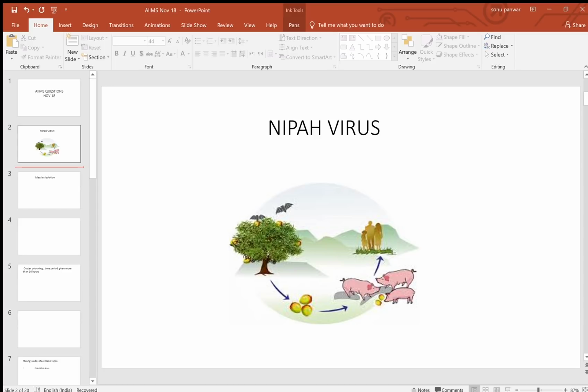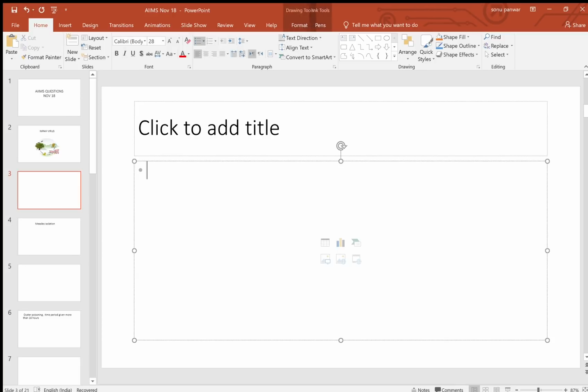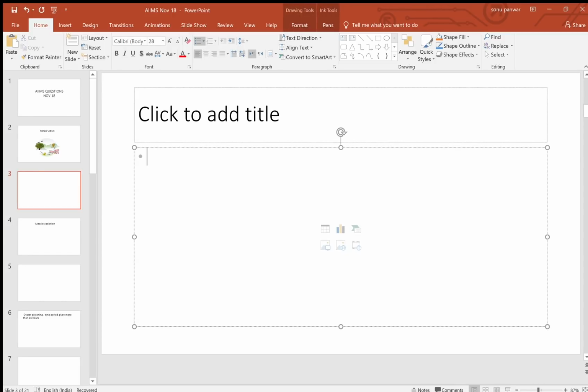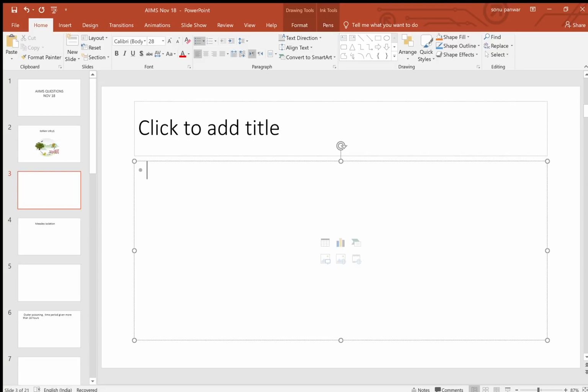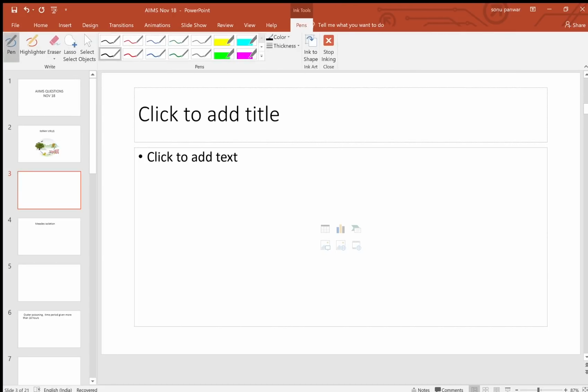which family Nipah virus belongs to. First of all, remember the Nipah virus belongs to Paramyxo.